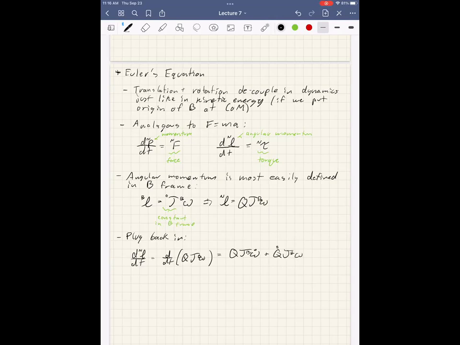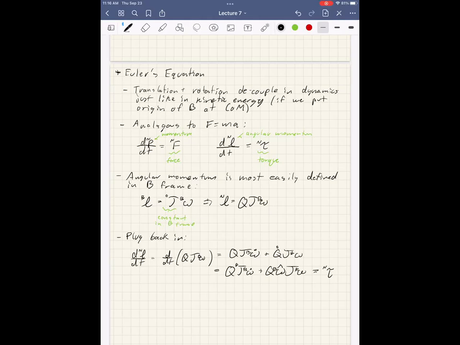And if I plug in again, I get QJ omega dot plus Q omega hat J omega. And then this thing is equal to torque in the N frame, right? Like we had here. This is just the tail end of that equation.